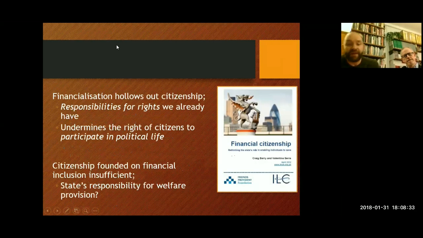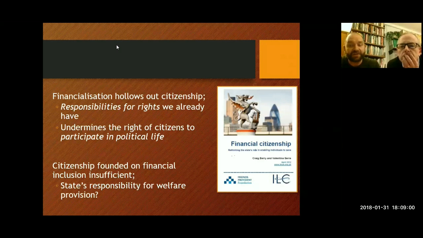Craig Berry, who's based at Sheffield, has written some really interesting work over the last couple of years, trying to think about the relationship between citizenship and financialisation. I think the most interesting aspect of his work is the focus on the way in which financialisation hollows out some of the traditional political entitlements of a citizen and of citizenship.